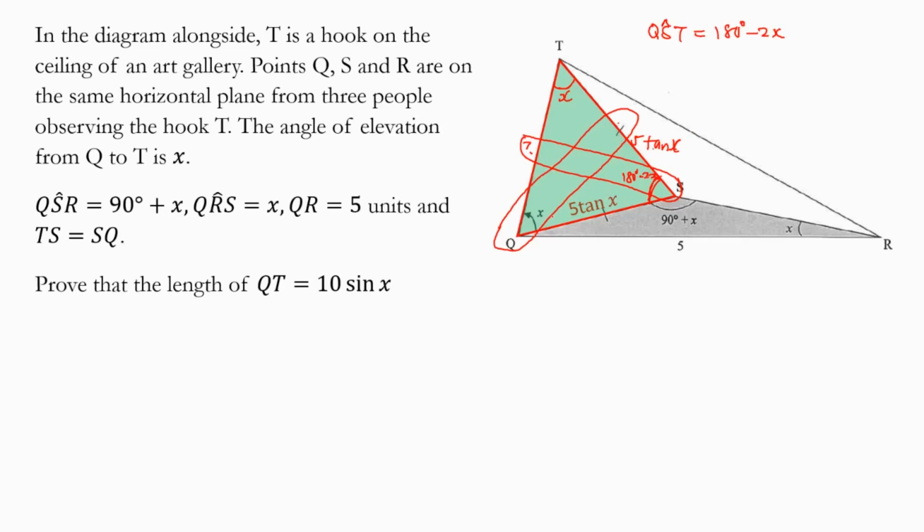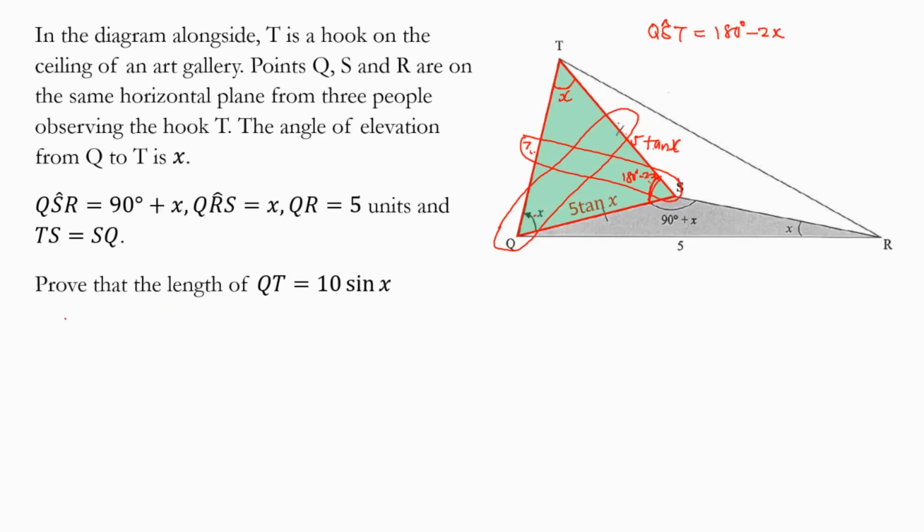So now we have an angle and a side, and a side that we want to find. So we have one unknown here, so we can use our sine rule. I'm going to show you 3 ways of doing this. The first one, I'm going to use the sine rule, and then the next 2 alternative methods, we're going to use the cosine rule.